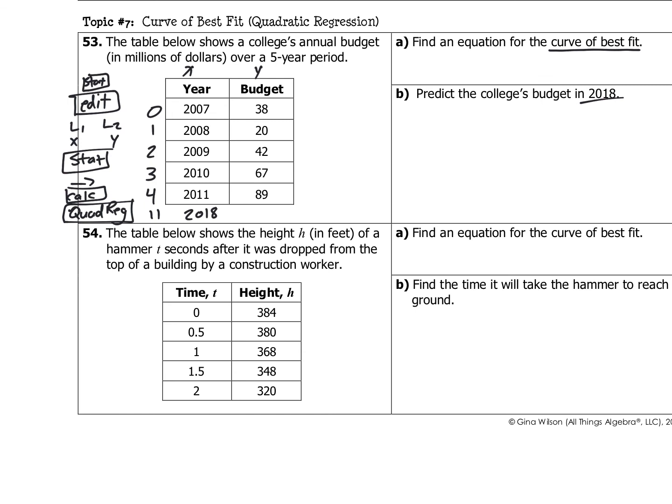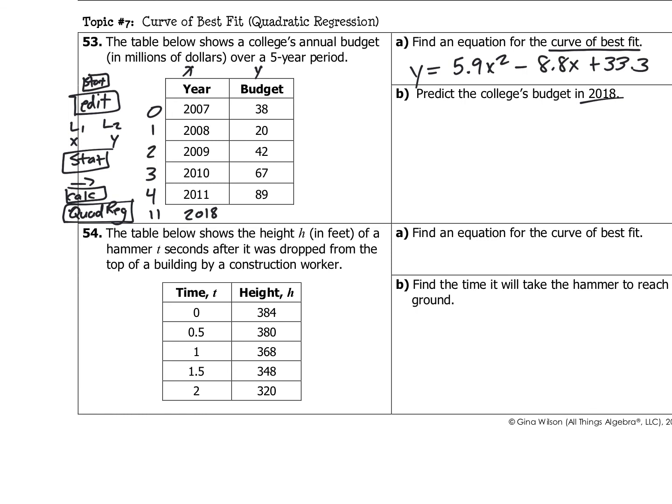All right, so I put that into my calculator just as it's written, and I get the equation, and I rounded to the nearest tenth. Y equals 5.9x squared minus 8.8x plus 33.3.